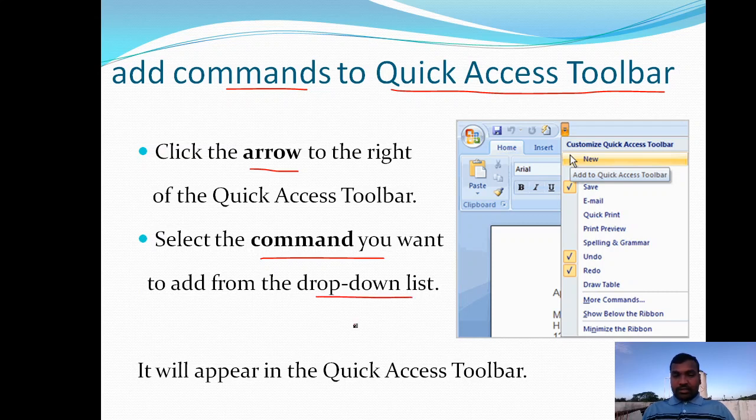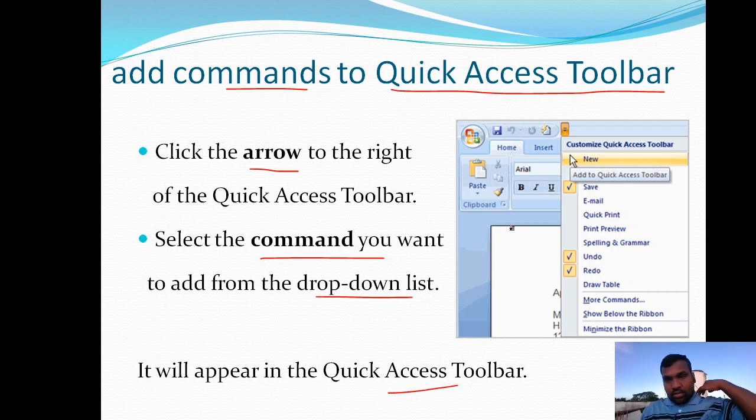So it is going to show several lists. Among the list, if you want to add any command, just select that particular command with the help of the mouse left button, then that command is available in the quick access toolbar.